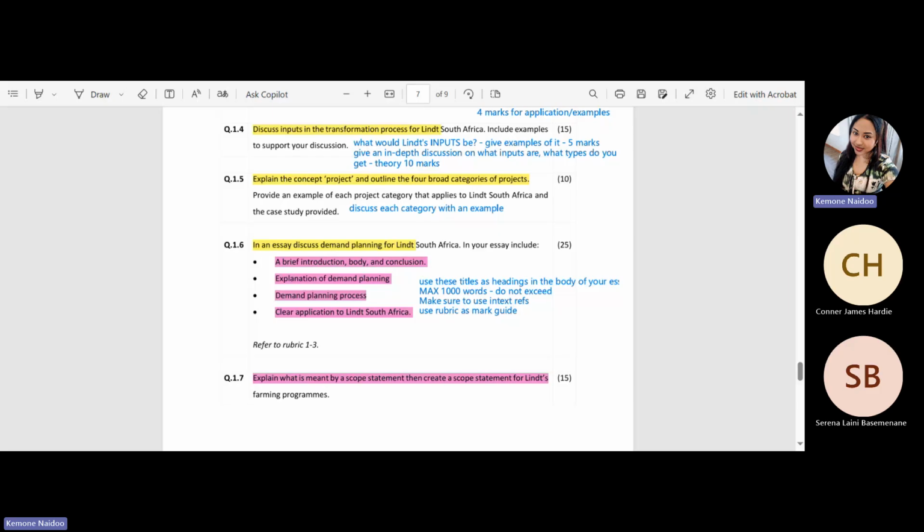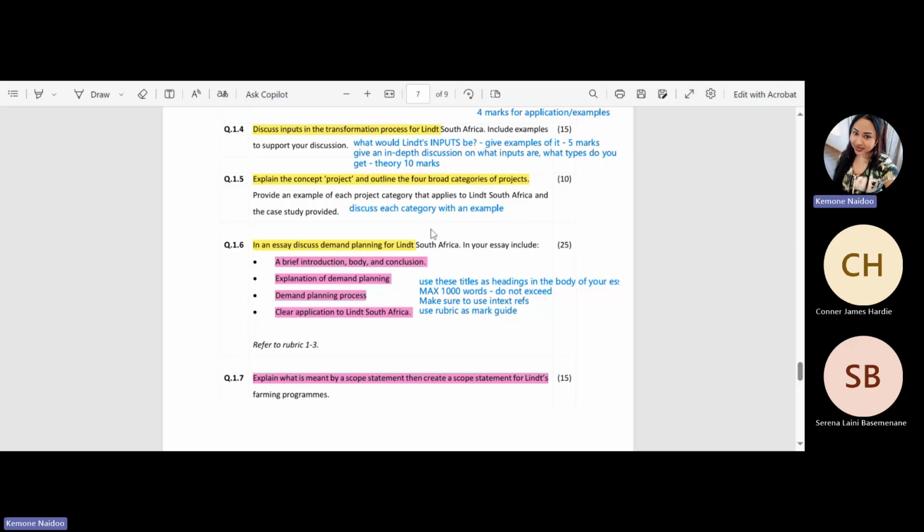Okay, again, 15 marks, which means 10 marks will come from your theory, and then 5 marks will come from your application aspect. So if you show that you do have an understanding of what an input is, what kinds of inputs you get, if you do remember from your transformation model from the operations management learning unit, you have two different types of input resources.